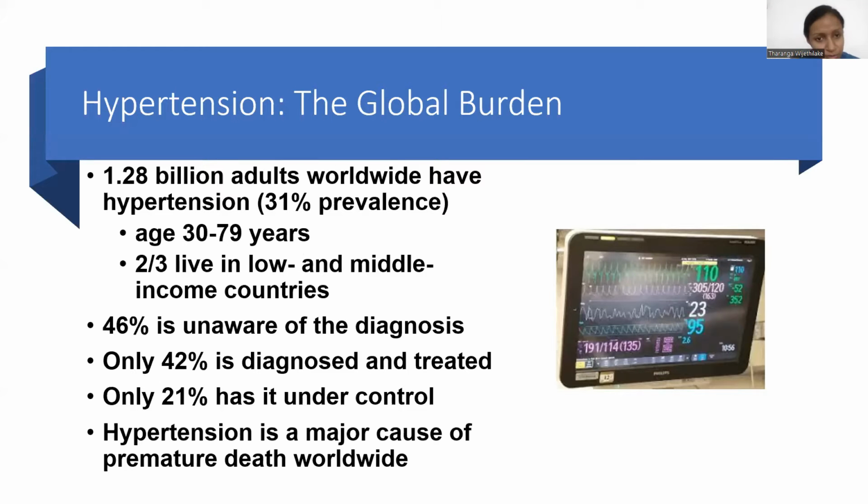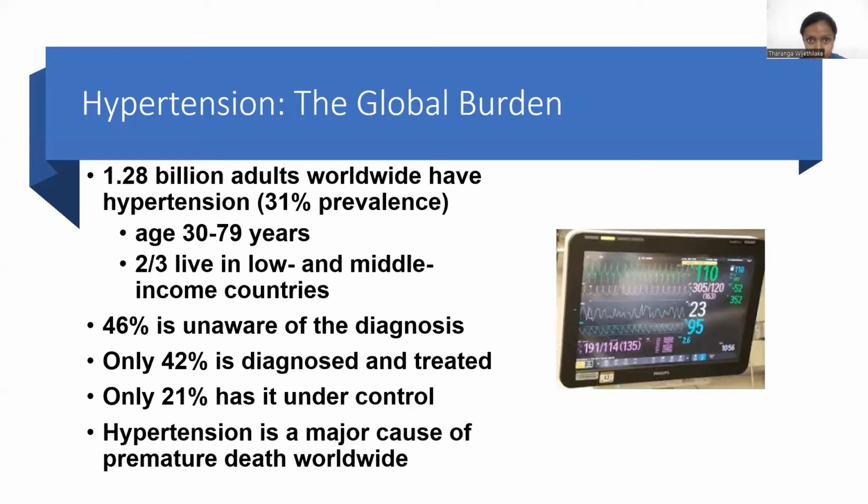If you look at the world over, the global burden of hypertension is such that about 31% of the population is suffering from hypertension. That is 1.28 billion adults between the ages of 30 and 79.